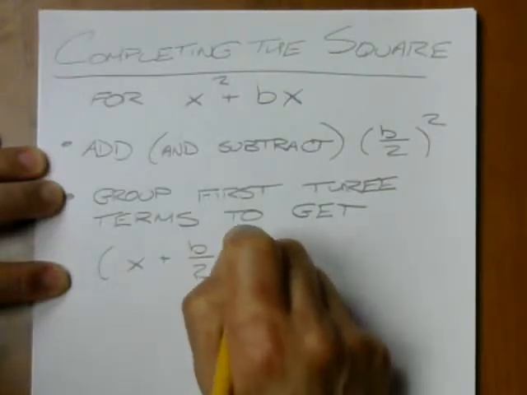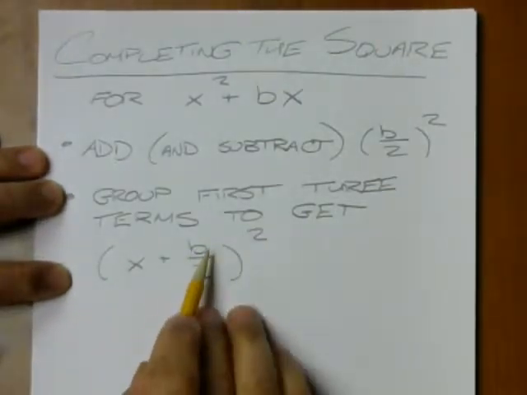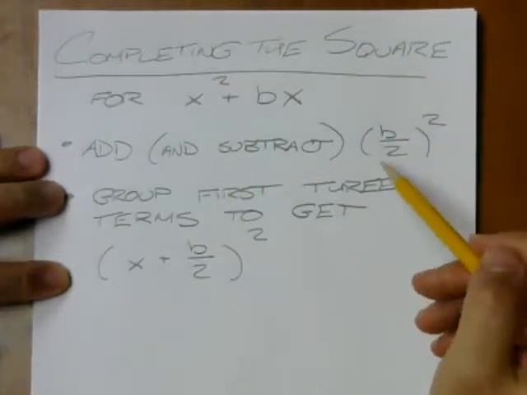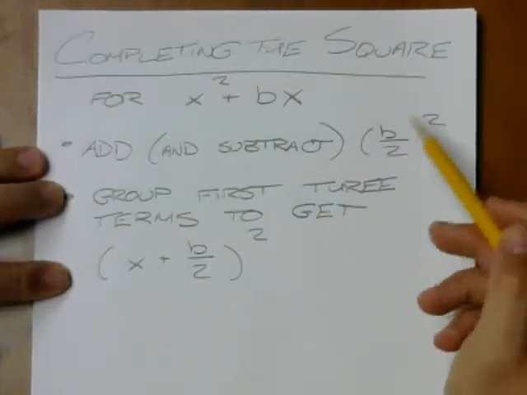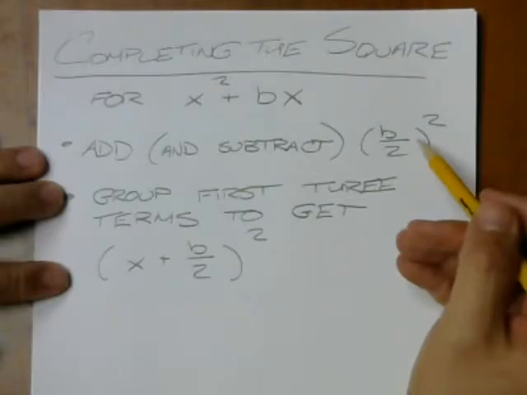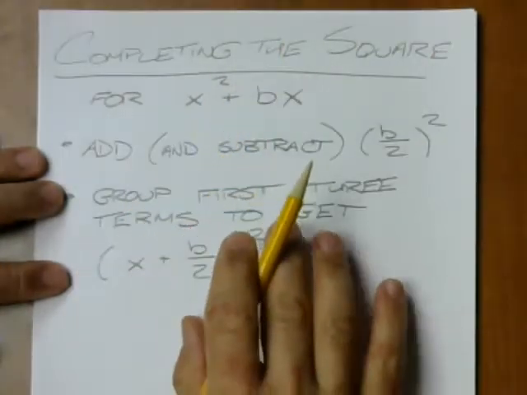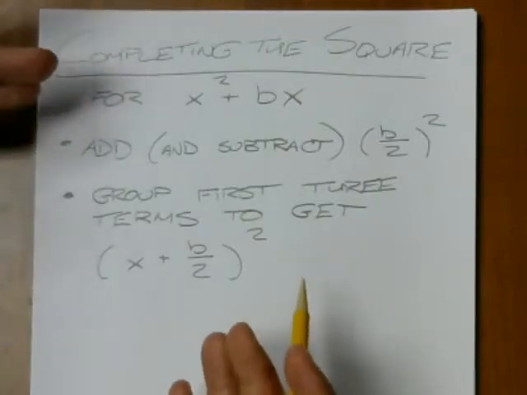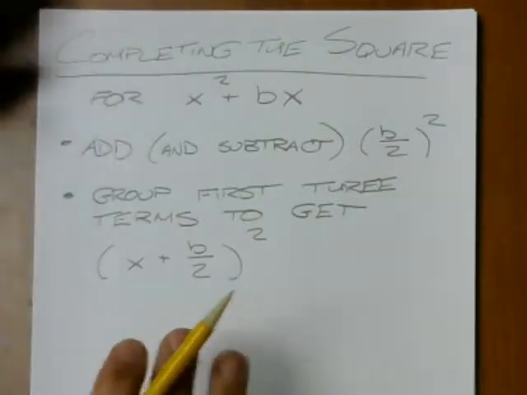Well, like we said before, x plus b over 2 squared. And then we have this minus b over 2 squared that we will have to maybe group in with something else. But this is it. This is the whole method of completing the square.